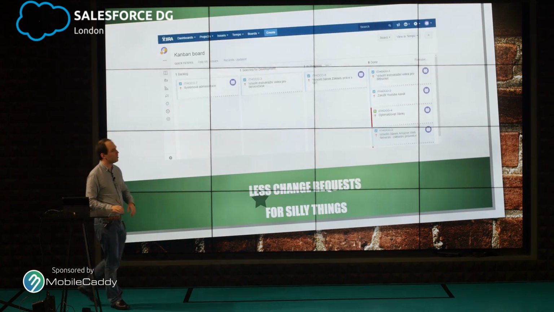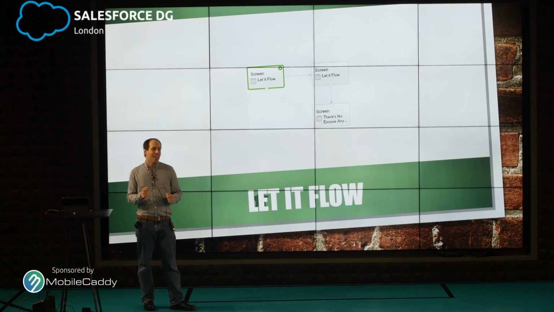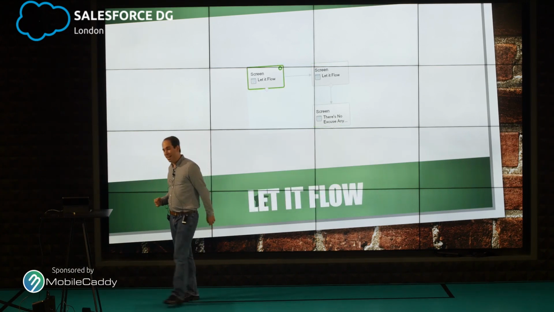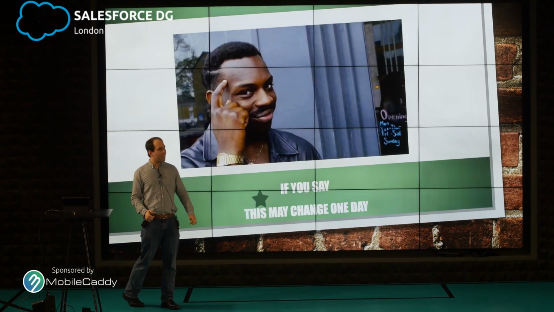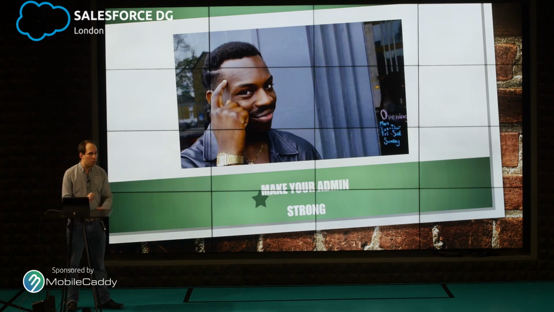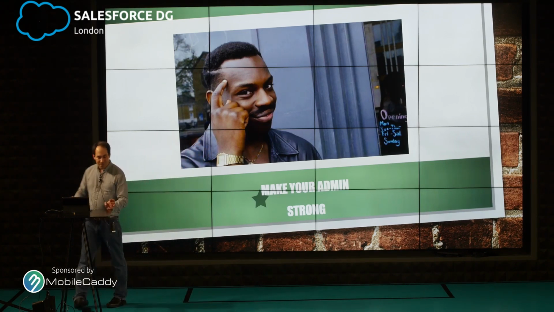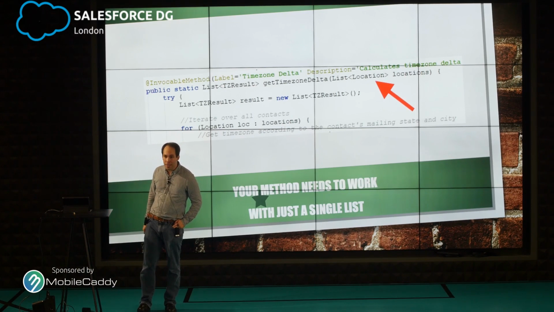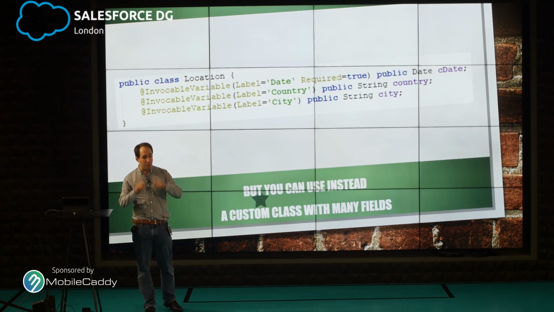Let's change request for silly things, which means let it flow, let it flow. Be one with declarative tools. Let it flow, let it flow, and make your admin through. If you say this may change one day, make your admin strong. Your method needs to work with just a single list, but it can take instead a custom class with many fields.